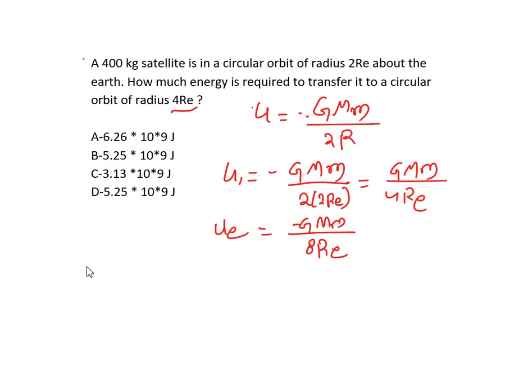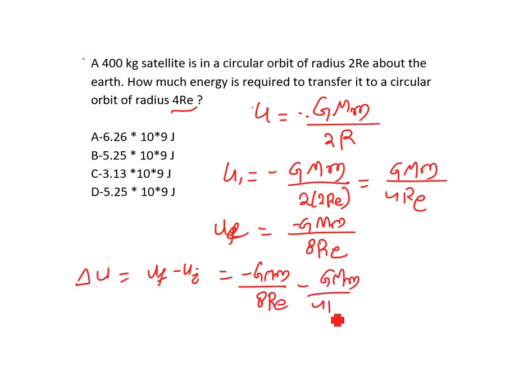Change in energy, delta U, is final minus initial, U f minus U i. It will become minus G capital M small m by 8 Re minus G capital M small m by 4 Re. After taking LCM, its answer is G M small m by 8 Re.